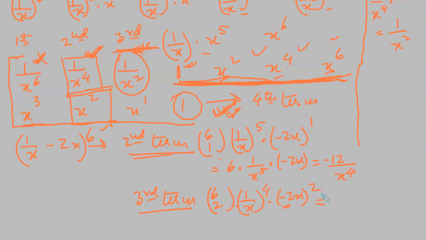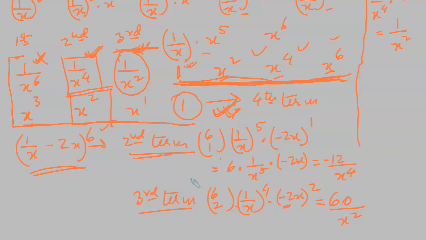So negative 2 whole square is 4, and 15 times 4 is 60. And this is 1 over x to the power of 4, and the x to the power of 4 is in the denominator, x square is in the numerator. So it will be 60 over x square. Clear? These are the two terms from this expansion which will be contributing.